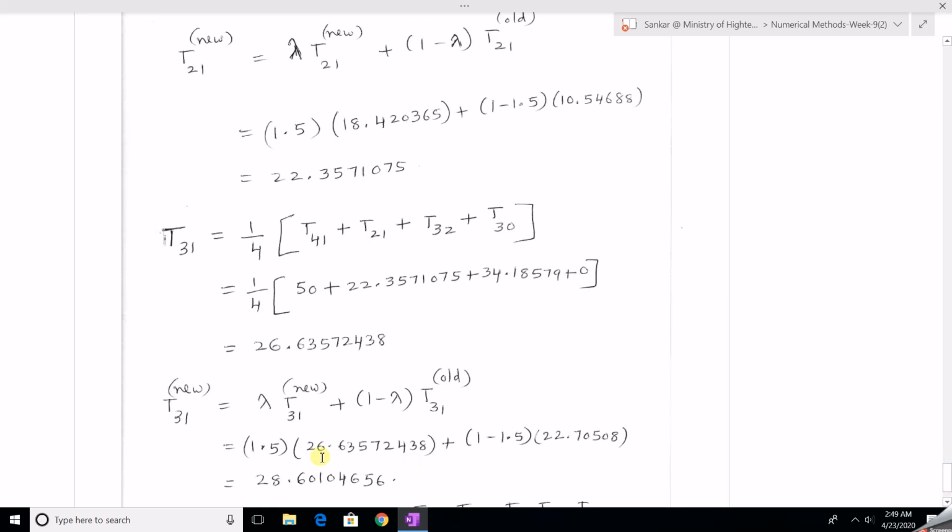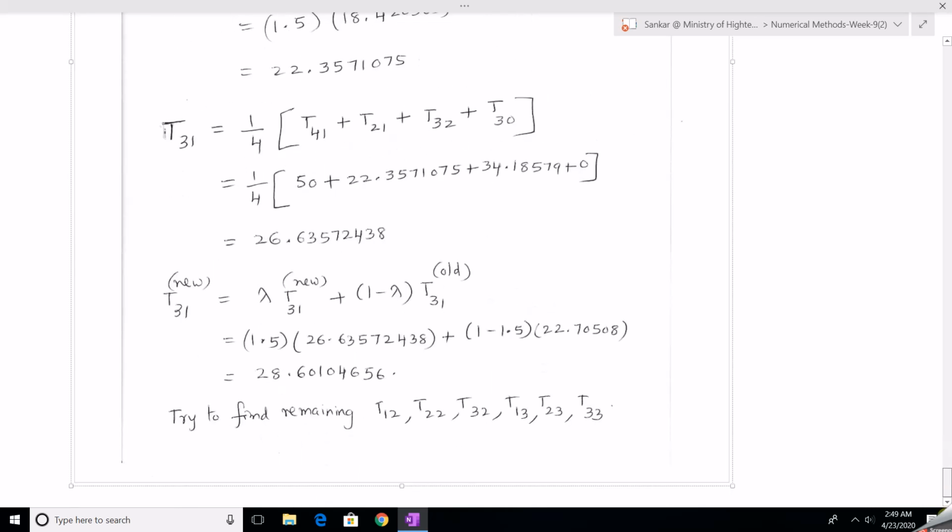And if we apply the over relaxation again, T31 new is lambda times T31 new plus 1 minus lambda times T31 old. Lambda is 1.5. T31 new is what we just got, the new value of T31, plus 1 minus lambda, which is 1.5, times T31 old, the approximation in the first iteration.